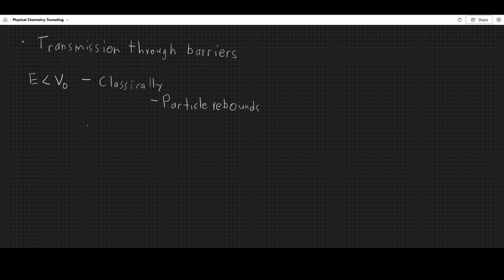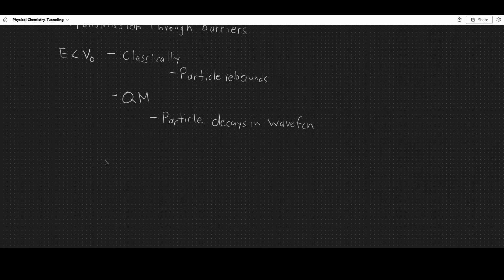But quantum mechanically, the particle will actually go through the barrier and it will decay. And so we'll see this as we talk about tunneling.